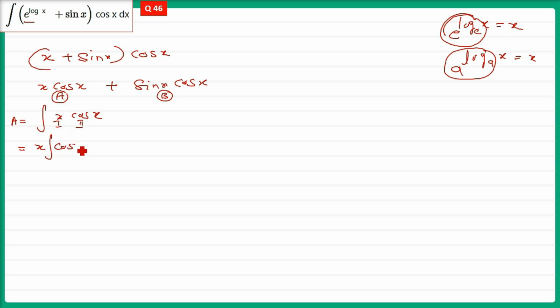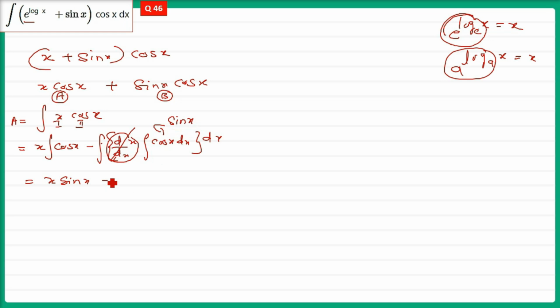So x times integration of cos x, minus integration of what will be there, d by dx of x, and integration of cos x dx, and the result will be again integrated. Integration of cos x is simply sin x. So x sin x minus d by dx of x will be 1. Integration of cos x will be sin x. But we have to integrate it again with respect to dx.